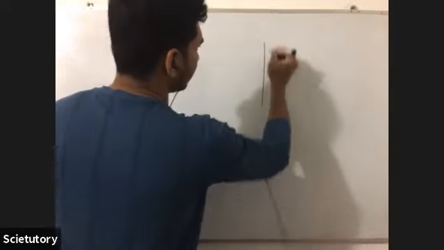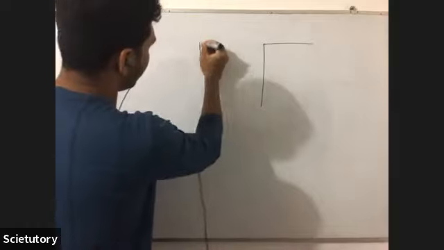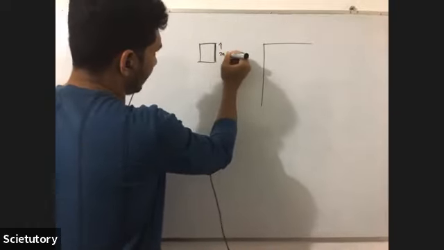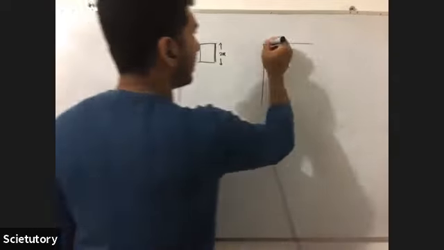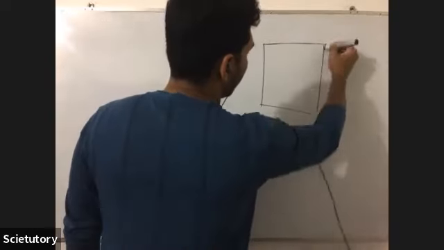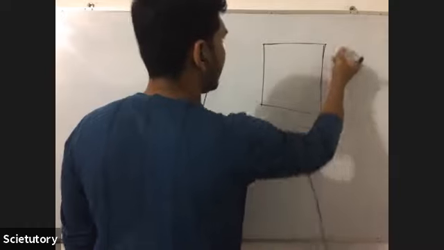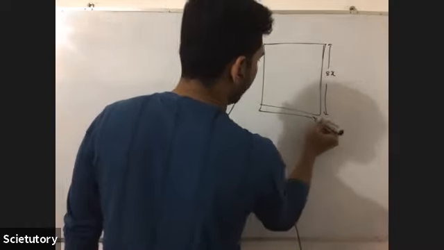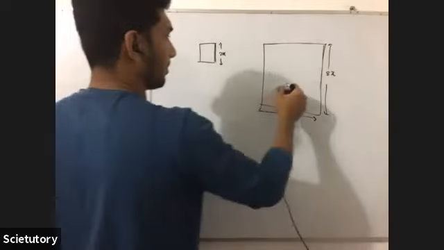Initially one side of the cube is 2x. Now the length of one edge is 8x.